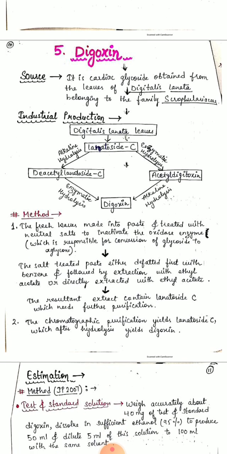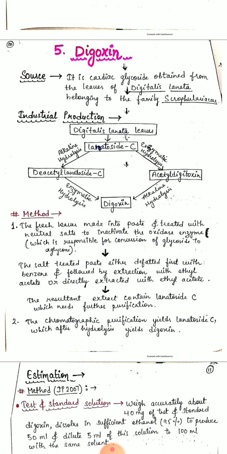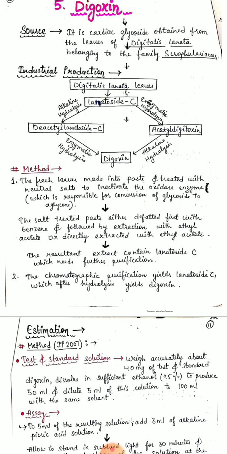For the industrial production, we first take fresh leaf which is made into a paste and treated with neutral salts to inactivate the oxidase enzyme, which is responsible for the conversion of glycosides to glycogen. The salt treated paste is either defatted first with benzene and followed by extraction with ethyl acetate, or directly it can be extracted with ethyl acetate.